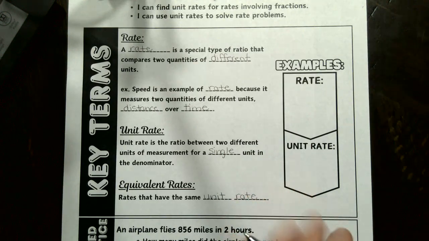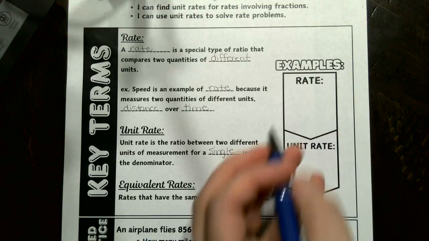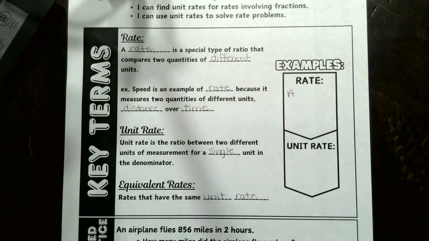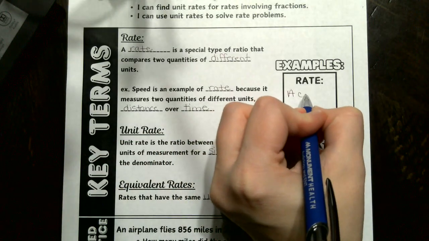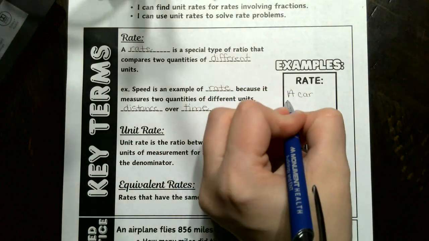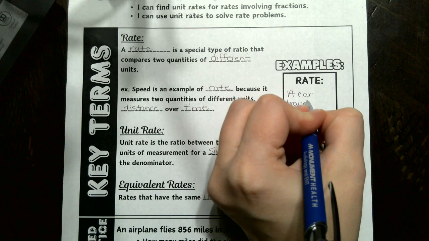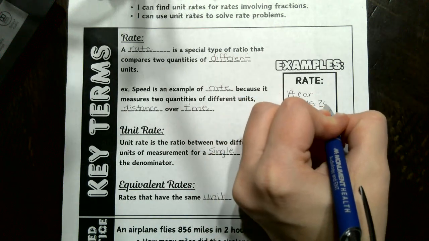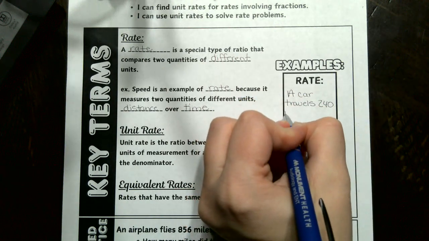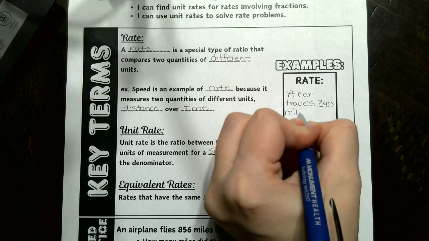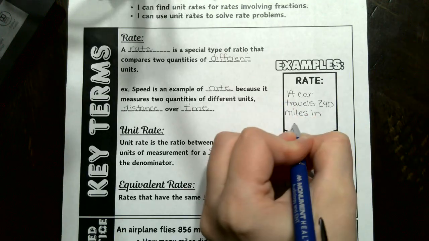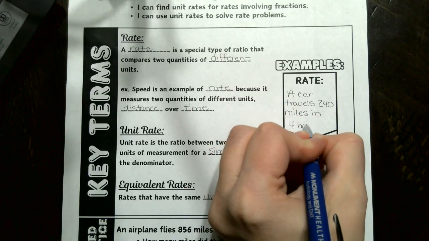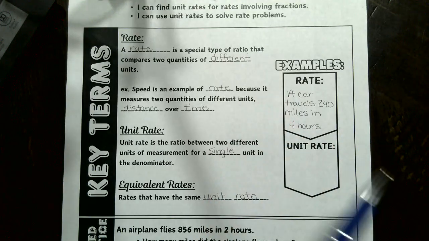So I have an example here. For rate, I'm going to say a car travels 240 miles in 4 hours. That would be my rate.